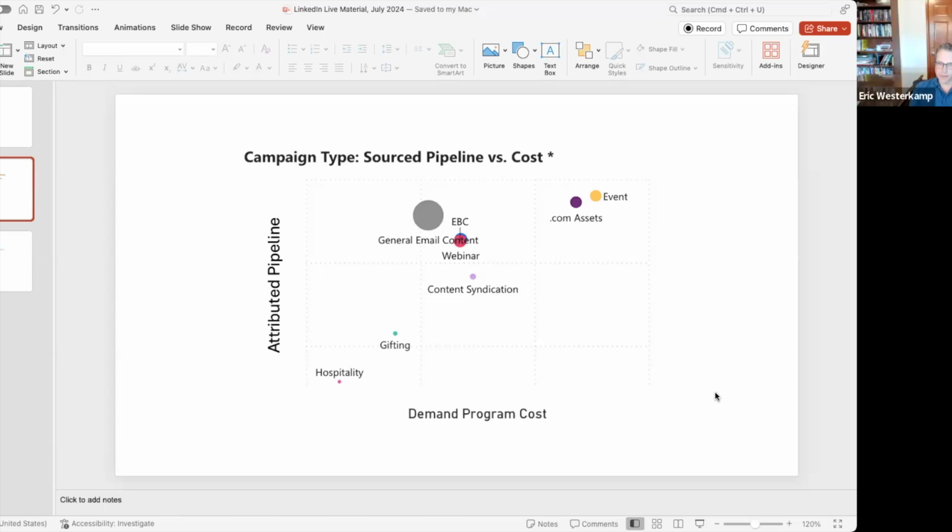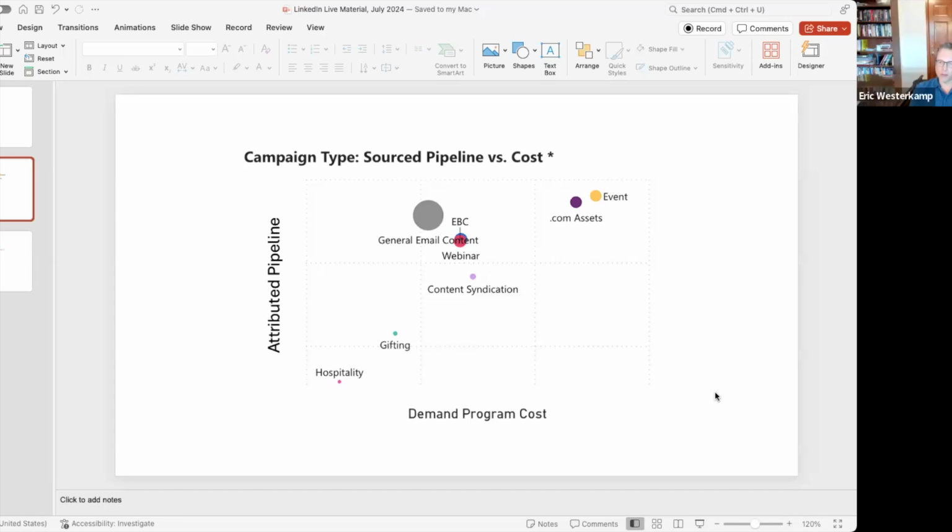Now you see on the top right, events. High cost, but they have the most attributed pipeline. So then you think, okay, are there more events that I could do? Can I make that channel more efficient? Can I attend the same events, but not at the platinum sponsorship level, or things like that?